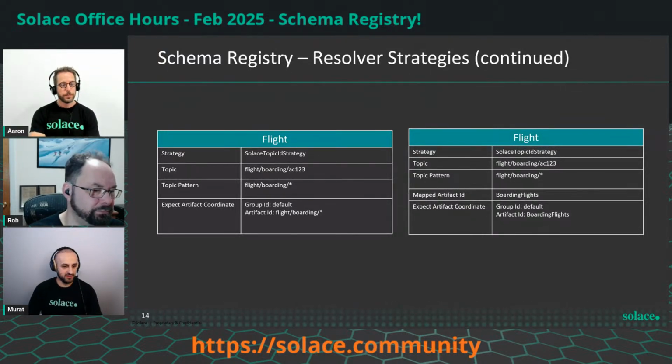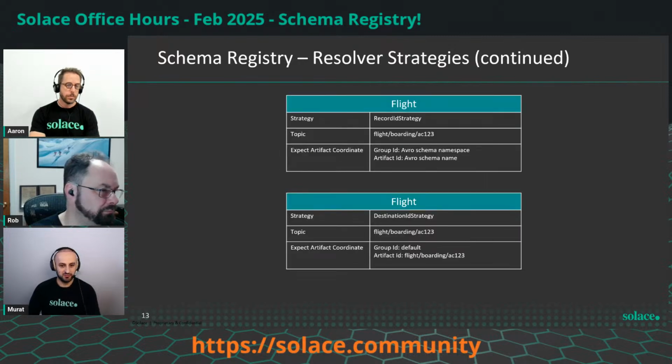These are more advanced configuration options for customers that want to take advantage of it, but it doesn't have to be this difficult. And if you don't have a strong need for this, using the destination ID strategy will be a little bit more performant if that's a thing that you care about. But yeah, destination ID strategy is likely the one that most customers will be using.